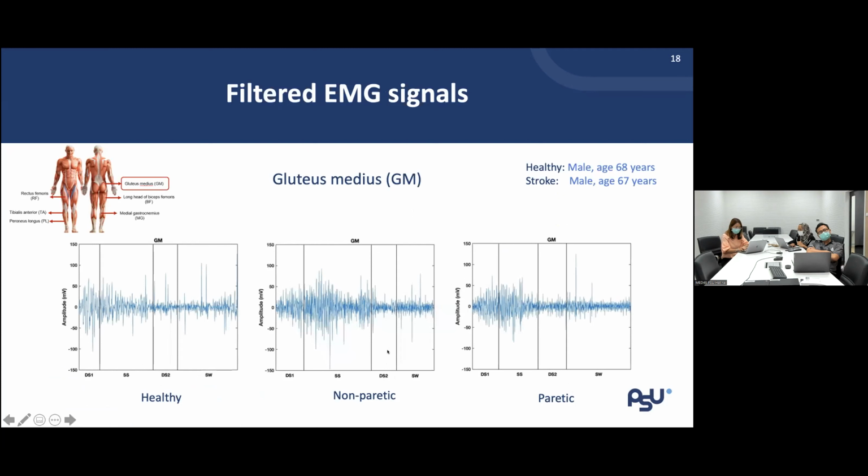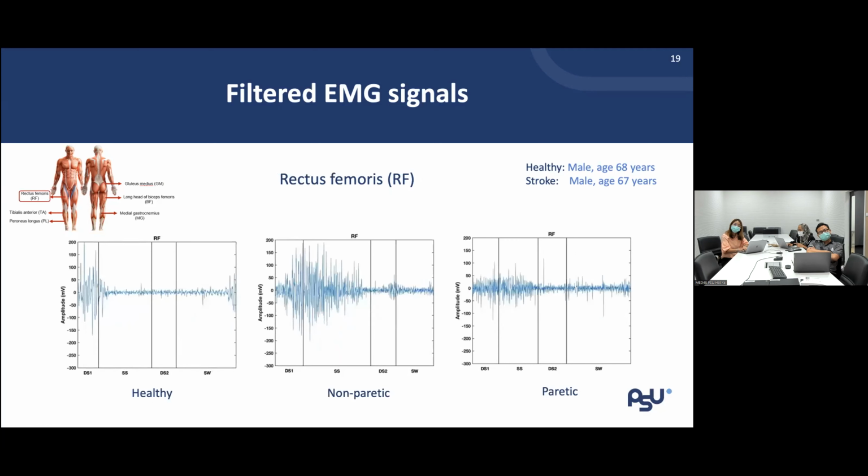The signal for the gluteus medius on the non-paralytic side during single support is higher than the others observed. And this is the rectus femoris muscle. The amplitude was different between paralytic, non-paralytic, and healthy subjects, and the muscle activity during the gait phase was also different.